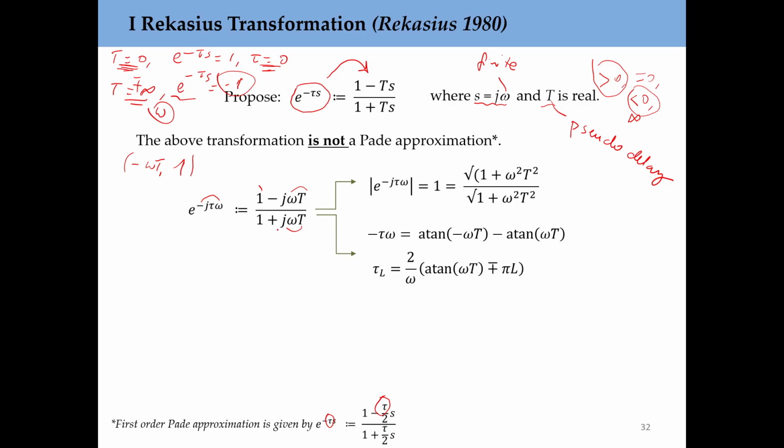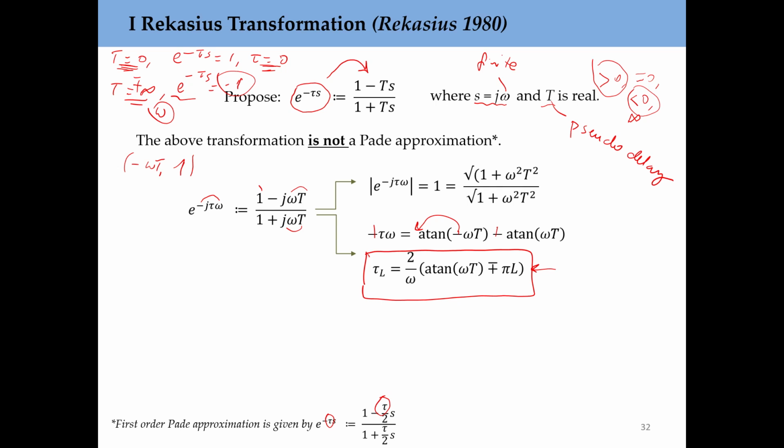Likewise, you do the same for the denominator. You organize, get the minus sign out, the minus signs cancel, and you end up getting this form. In other words, the Rekasius transformation is exact as long as this equation is respected. That's how we should see it. Good.